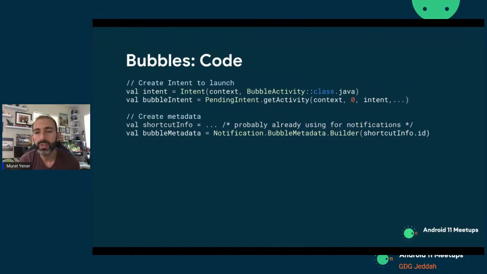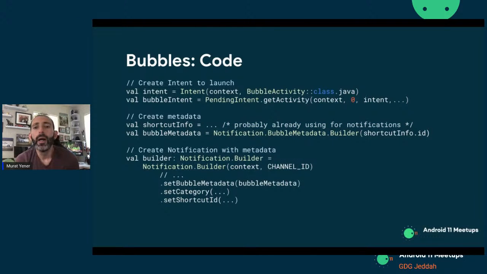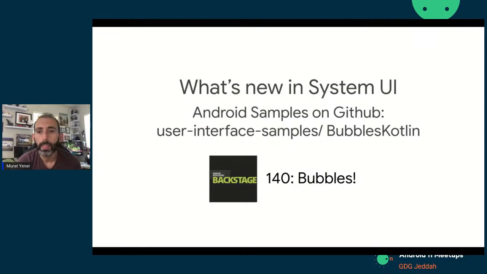Next, similar to conversations, you need to create a shortcut info. And this time, you need to use the bubble metadata builder to build your bubble metadata. And finally, use the notification builder and set your bubble metadata.